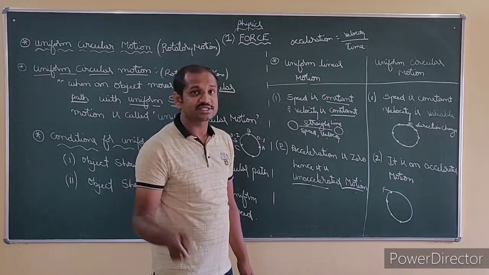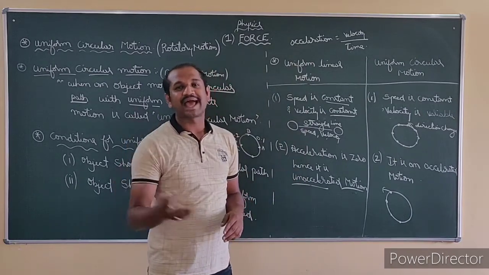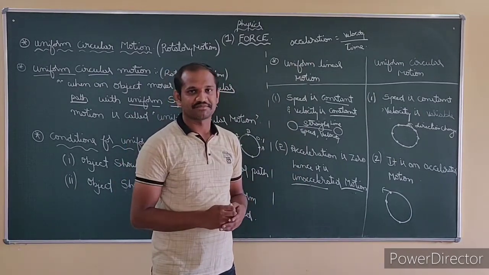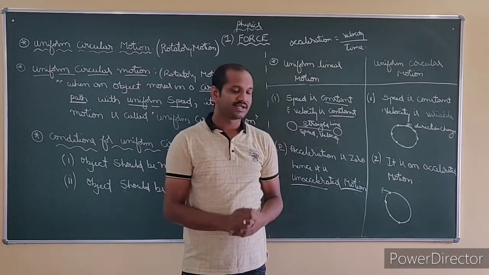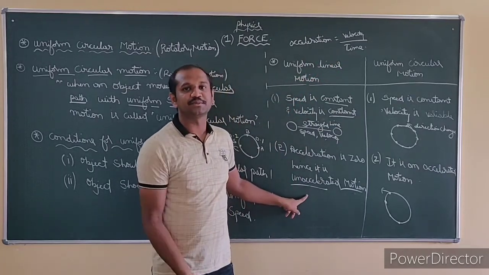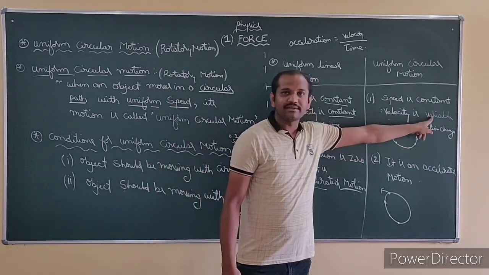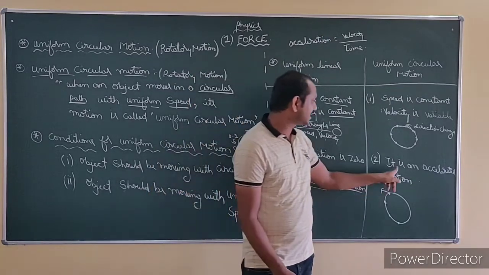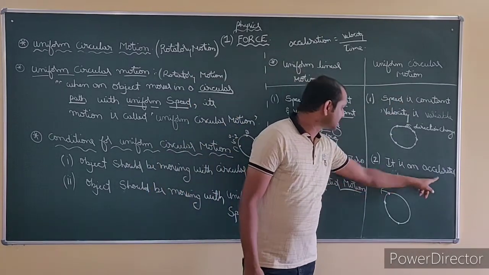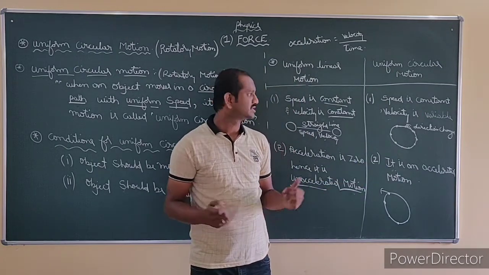If velocity changes, it means there is acceleration which comes into the picture. If velocity changes with respect to time, only then acceleration comes into the picture. In uniform linear motion, acceleration doesn't come into the picture because the velocity is constant. If velocity is variable, we get acceleration. Hence we can tell that uniform circular motion is an accelerated motion.